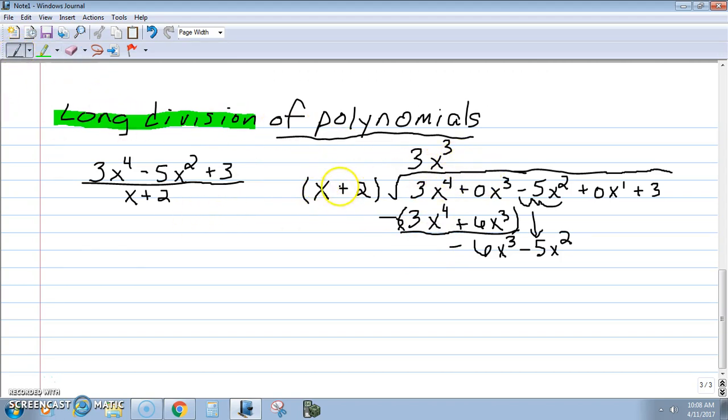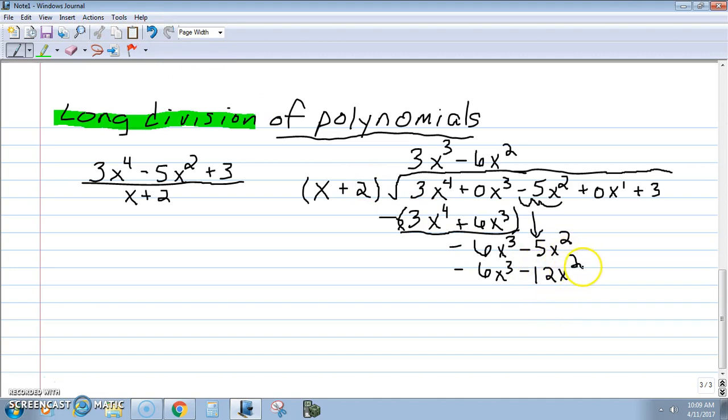So what can I multiply x by to give me negative 6x cubed? And that's going to be negative 6x squared, right? Okay. And then you have to distribute it. So the first thing I get is negative 6x cubed, which is what I wanted. And then I get negative 12x squared.